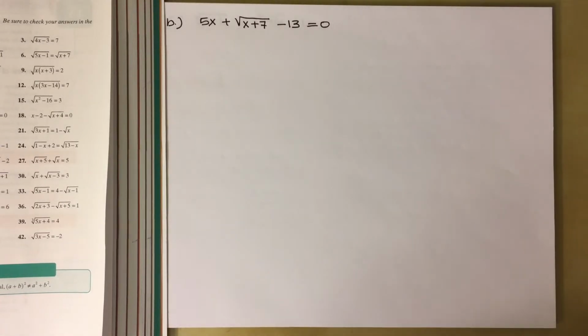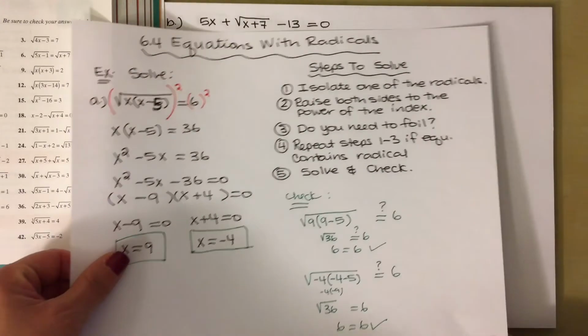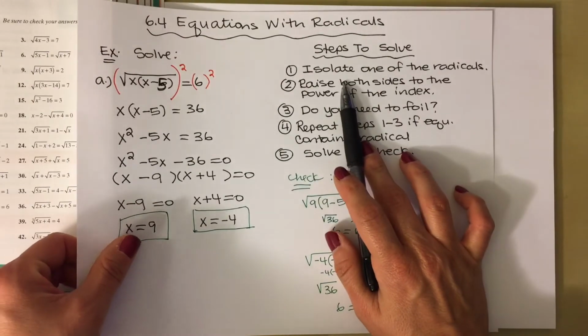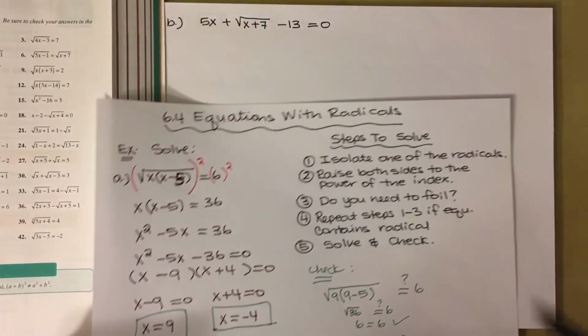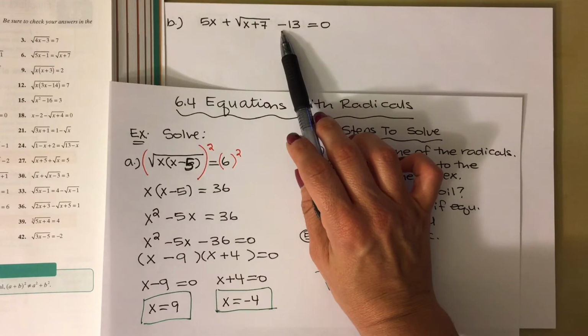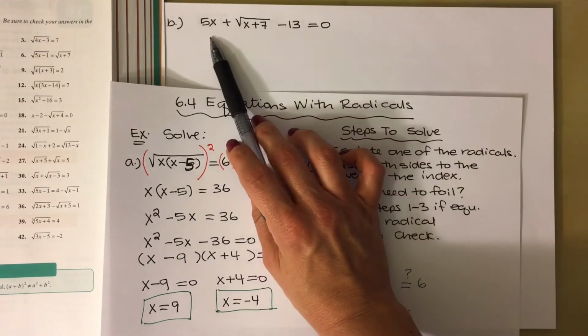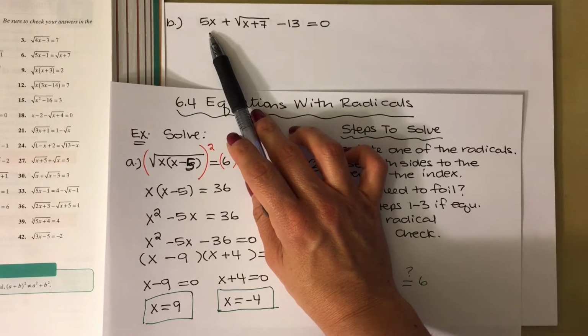Let's take a look at example 2. For this example, notice again, the first step is to isolate the radical. Since this radical is not isolated, I have to add 13, and also we need to subtract 5x.